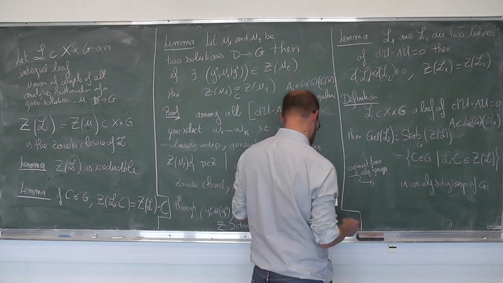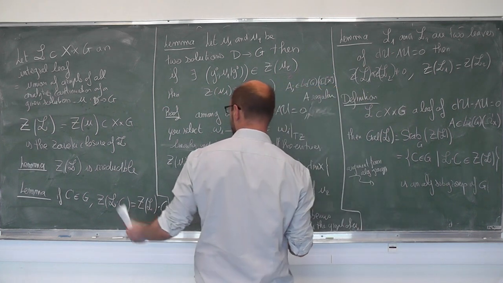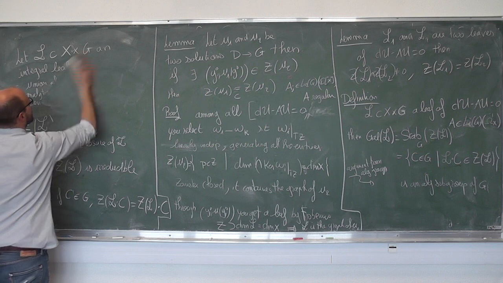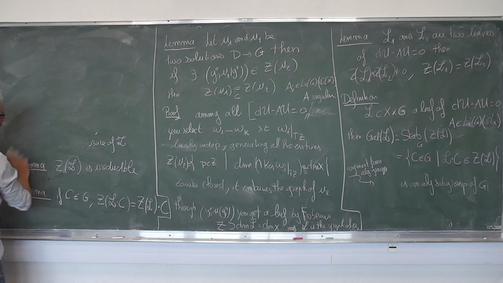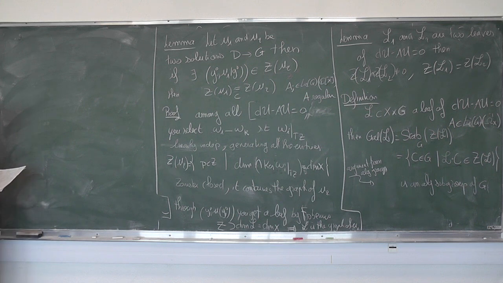Here again, I will end with two small lemmas about this Zariski closure and this Galois group. And then we are going to examples.